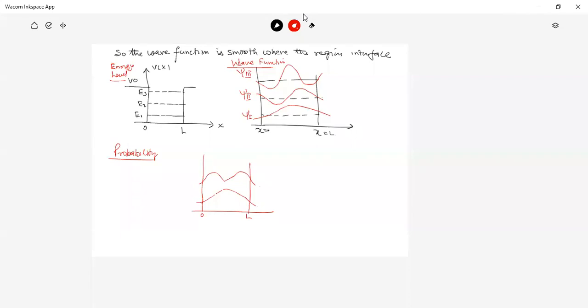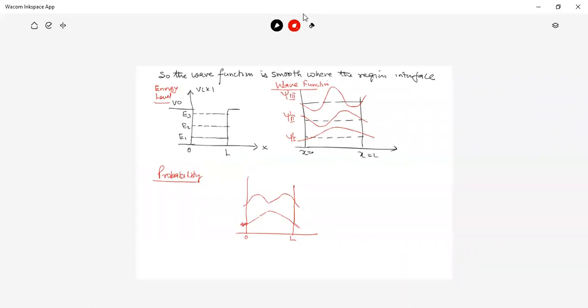In this probability, this point is the extra point. These are the extra points.